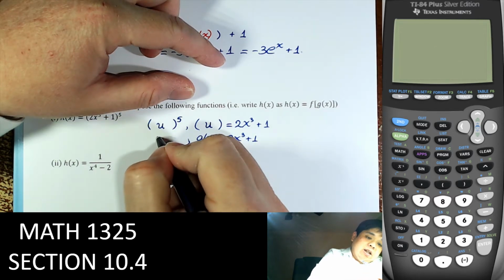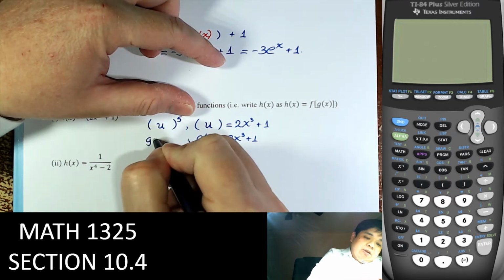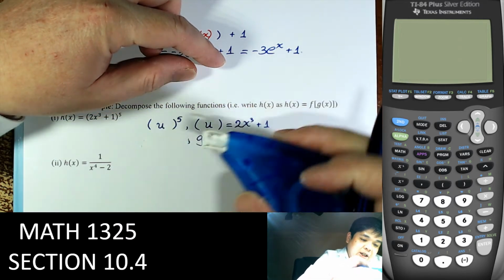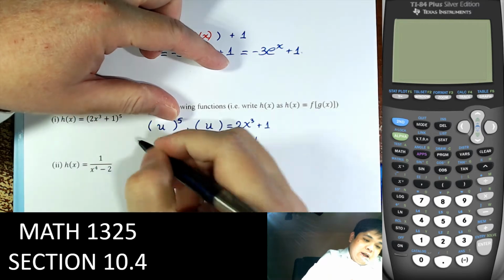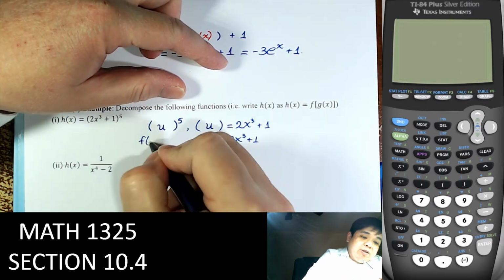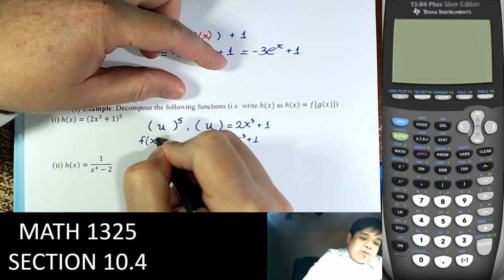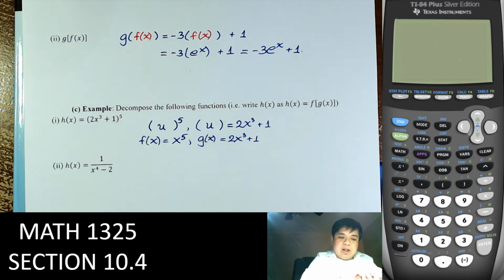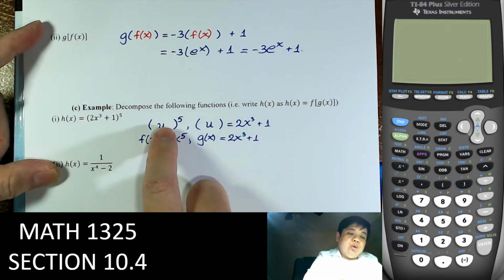And so we say f of u is equal to u to the fifth. But you can also say f of x is equal to x to the fifth. You can also write f of u is equal to u to the fifth.